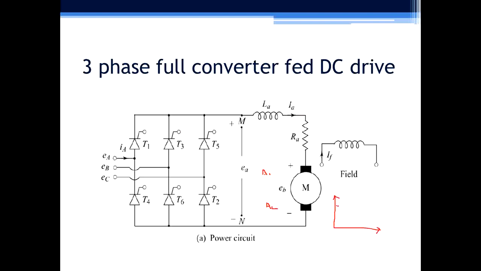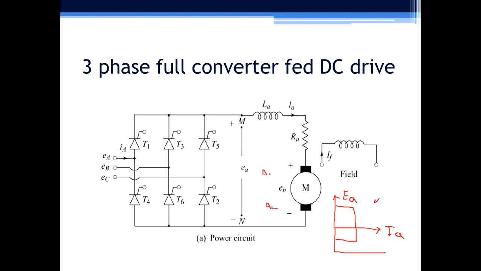Now this 3-phase full converter is capable of operating in first and fourth quadrant. So average output voltage here can be positive. Average output current of any controlled rectifier is always positive.